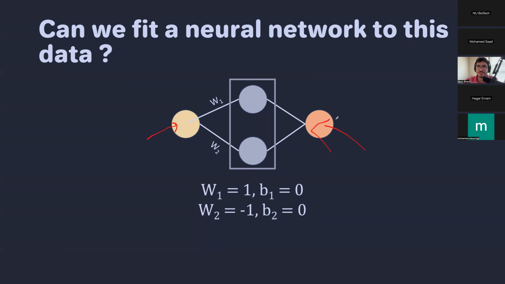By the way, this can also be a use case. Sometimes if you're interested in the raw output, quote unquote raw, it's not really raw, but if you're interested in capturing the output of the last hidden layer in your output layer, you can use something called the identity function as your activation function. The identity function is just returning itself. So f of x equals x, meaning that, for example, you have a network that has 3 or 4 hidden layers, and you would like just to capture the value in the last hidden layer.